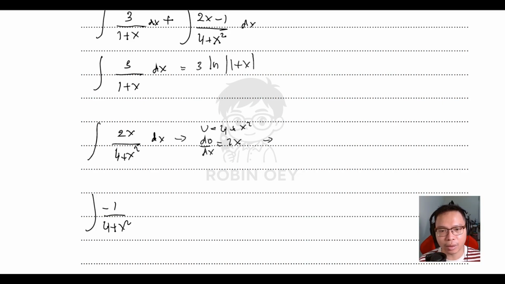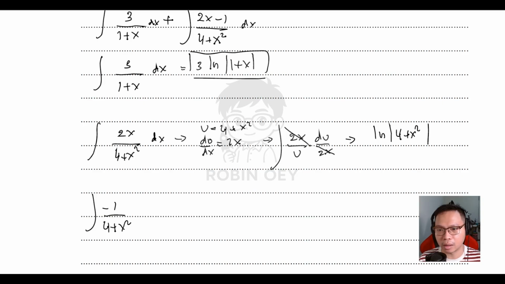This integration changes into the integration of 2x over u du over 2x, which becomes ln u, where u is 4 plus x squared. That is our second integration, so I just box it.